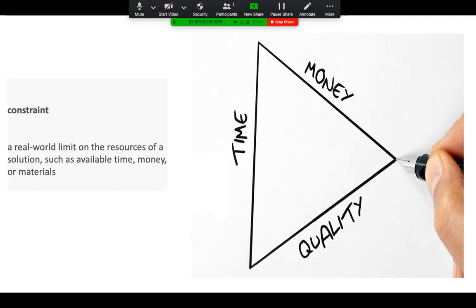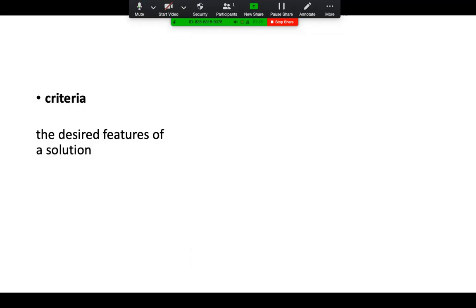So this makes these items like time, money, or quality some of the constraints that people might encounter when solving or finding a solution.